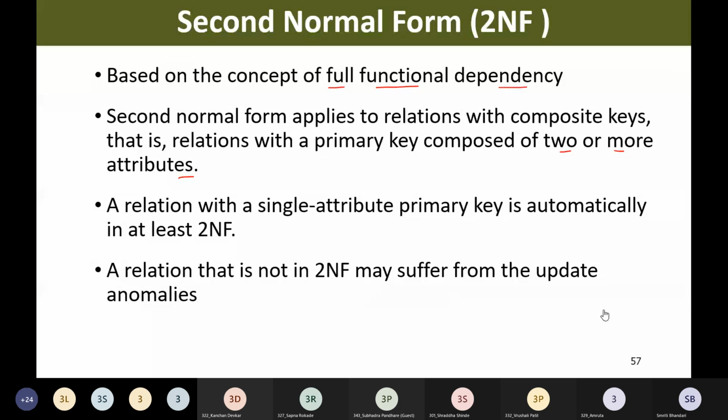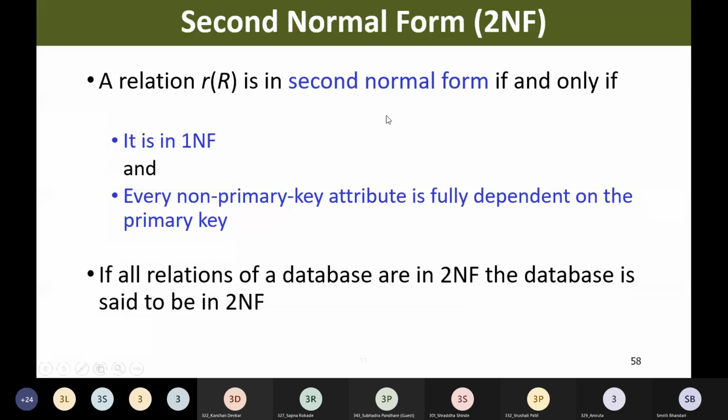But if the relation is not in 2NF, as I stated, that relation may suffer from anomalies. That is why we need to come up with the second normal form. So let us see the definition of second normal form.